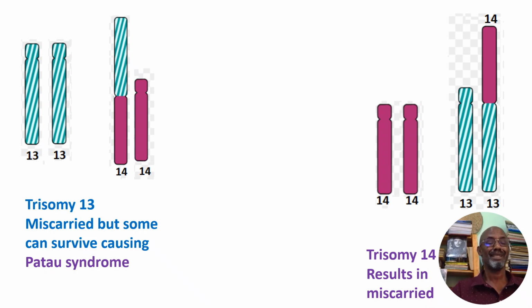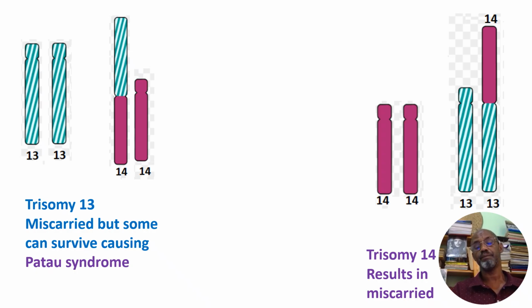But scientists still have not deciphered why some babies undergo miscarriage or spontaneous abortion, and why some survive and are born. Of course, they do have many complications, which is known as Patau syndrome. Go and read the symptoms of Patau syndrome. Many symptoms, including an underdeveloped nervous system.